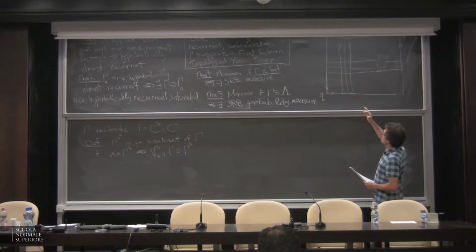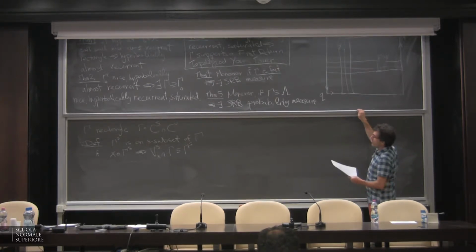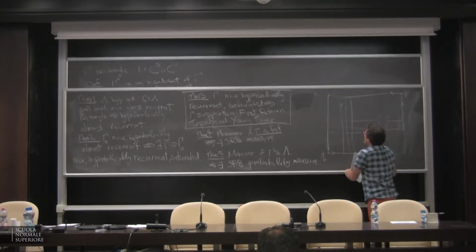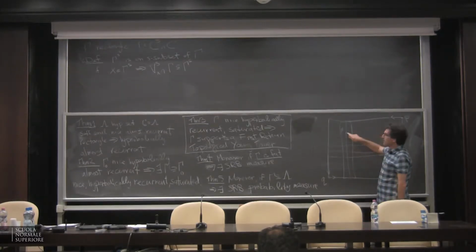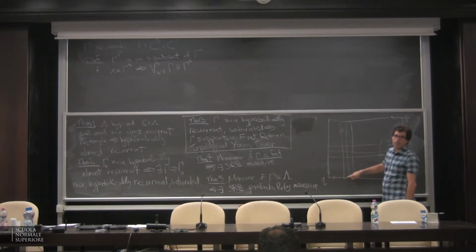So this just means that a single point here is not an S subset. It says that if this point belongs to your S subset, then all the other points on the stable leaves must also belong to your S subset. Okay, so it's a natural definition. It's like saying you take subsets which are kind of unions of stable leaves intersected with your gammas.